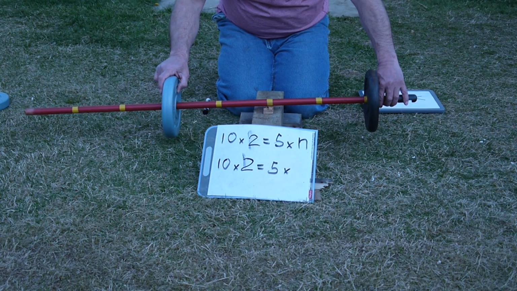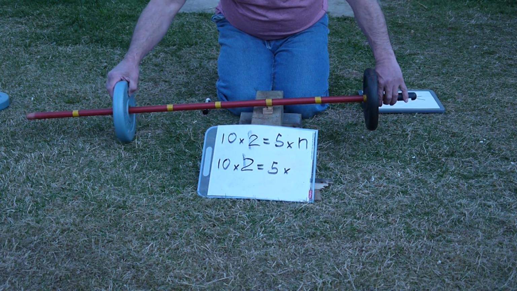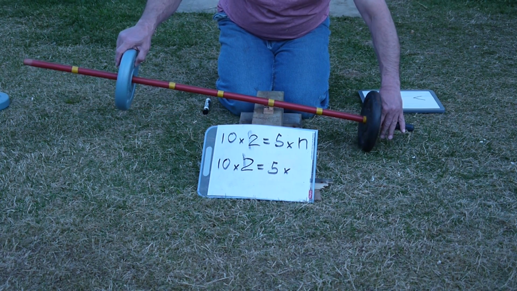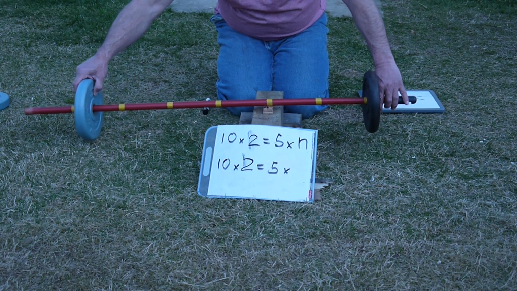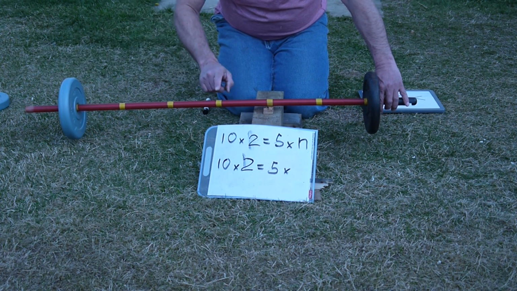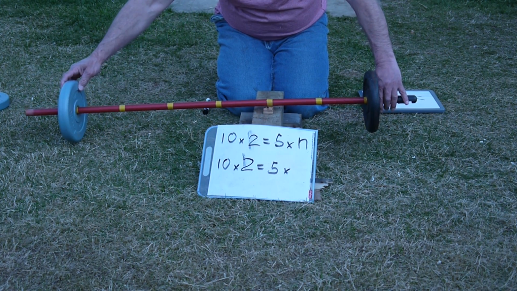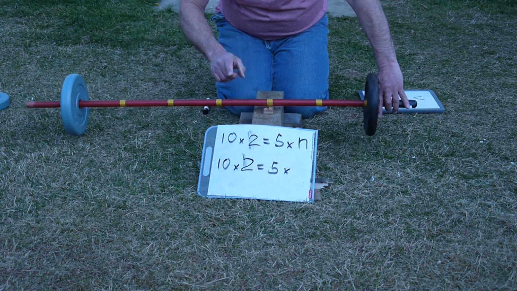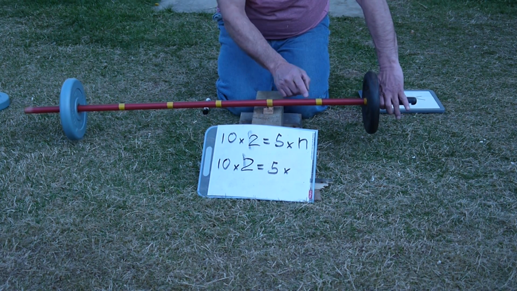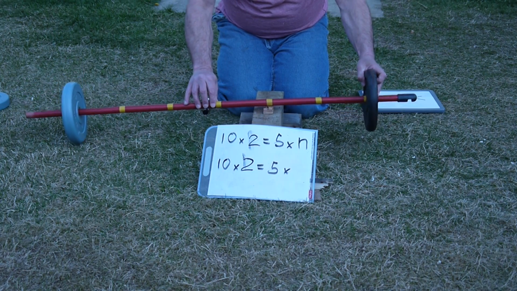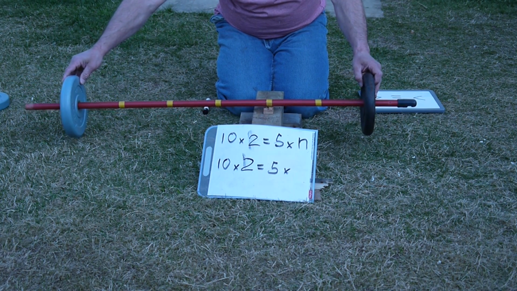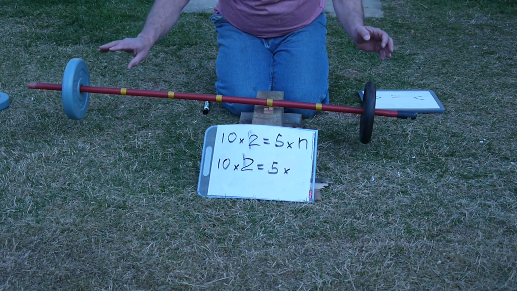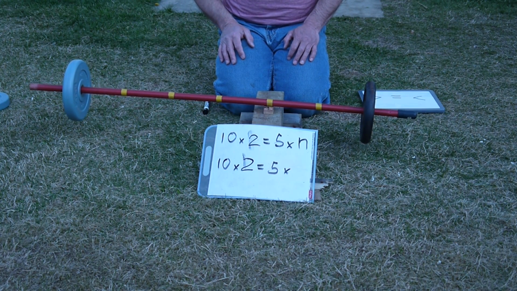By the way, 2 times 5 is 10. 3 times 5, 15. 1, 2, 3, 4 times 5 is 20. I've just got to adjust it a little bit, and I expect to find the balancing point around about there.